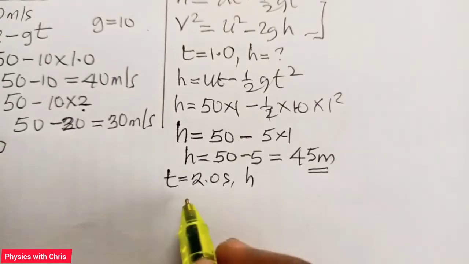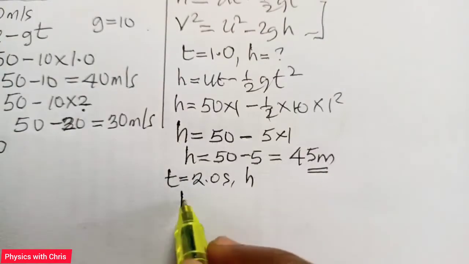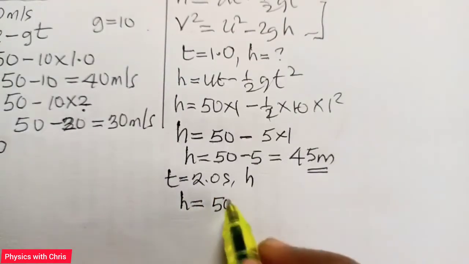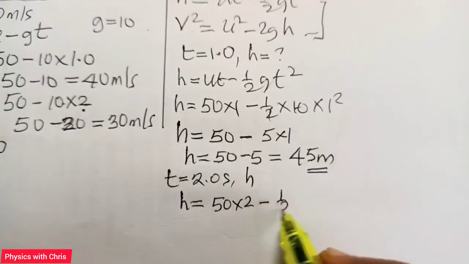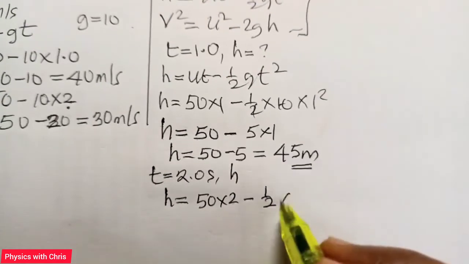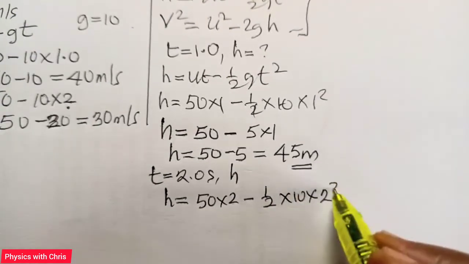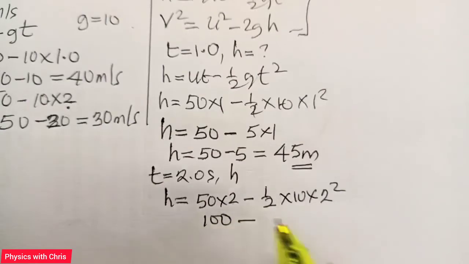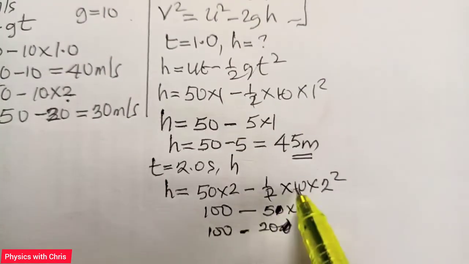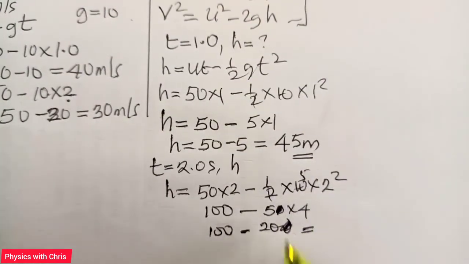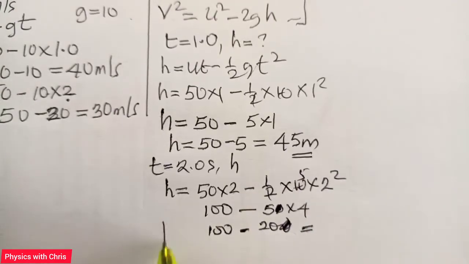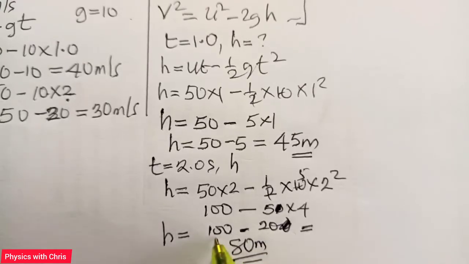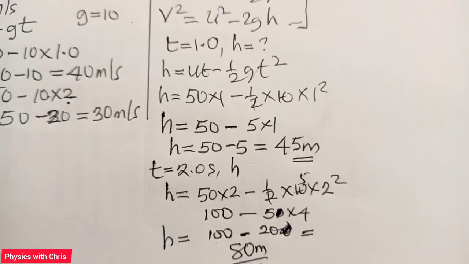The distance risen will be h equals 50 times 2 minus half times 10 times 2 squared, which gives me 100 minus 4. So this is 5, not 50, sorry. So 5 times 4 gives me 20. So that the height of this body above the ground is about 80 meters above the ground. That is 100 minus 20, and on and on.